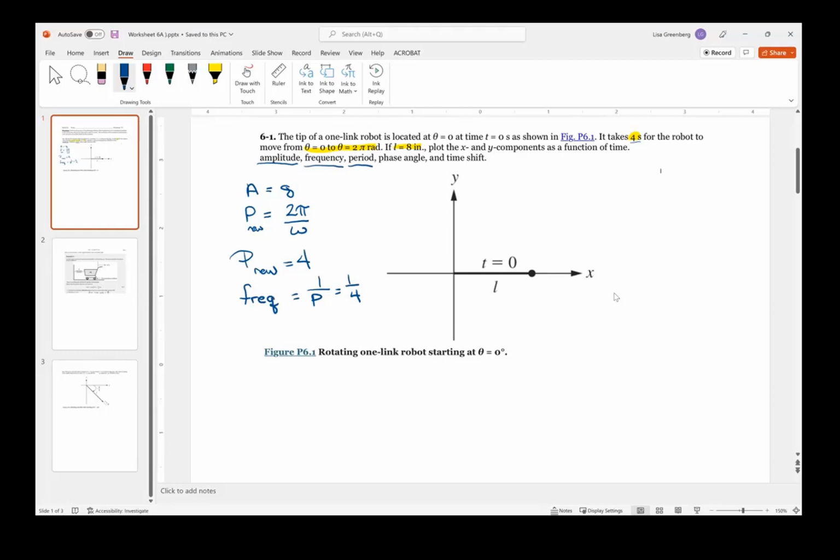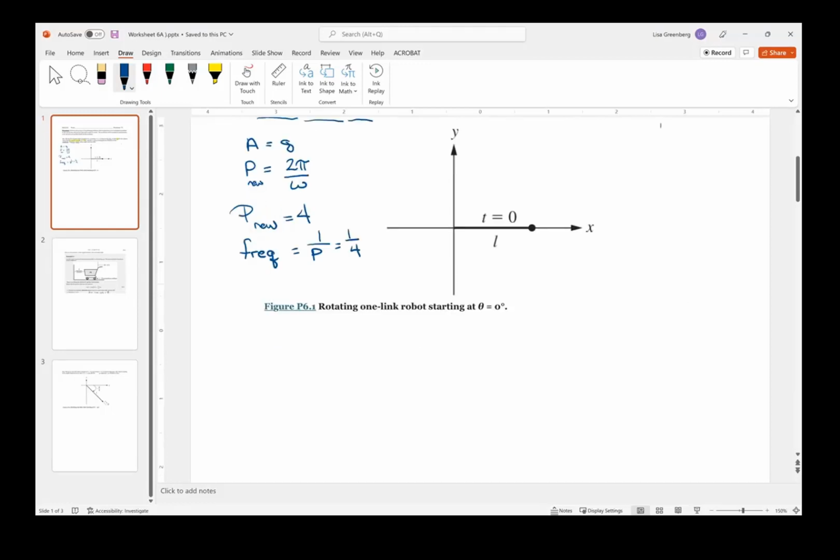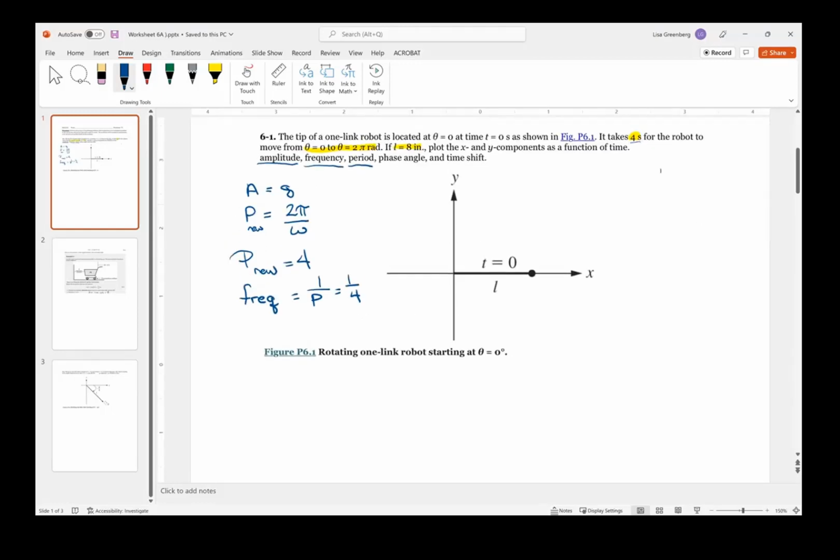Okay. The phase angle is the shift. So if we're shifting it right or left, then we have a phase angle that is not 0. But here, the phase angle would be considered 0 because there's no horizontal shift.